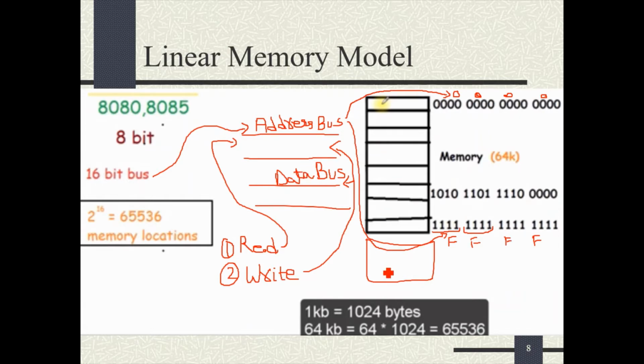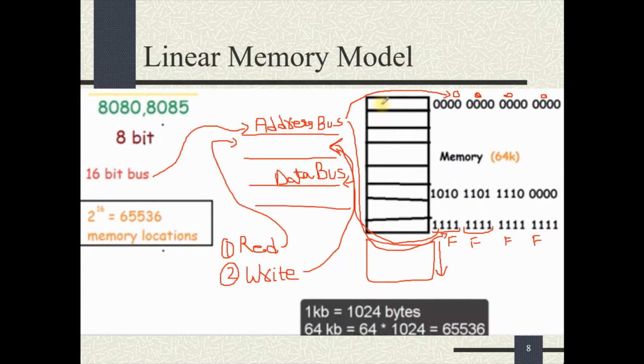The answer is no, as the maximum location that can be accessed is when all 16 bits of the address bus are set to 1. We cannot access the location of the memory after this address due to the limitation of size. This is the linear memory model. No hierarchy or segments are given.